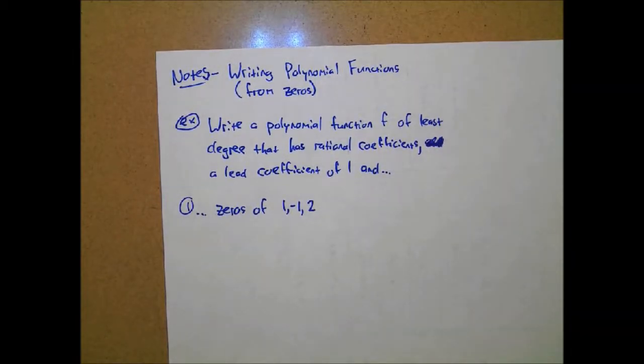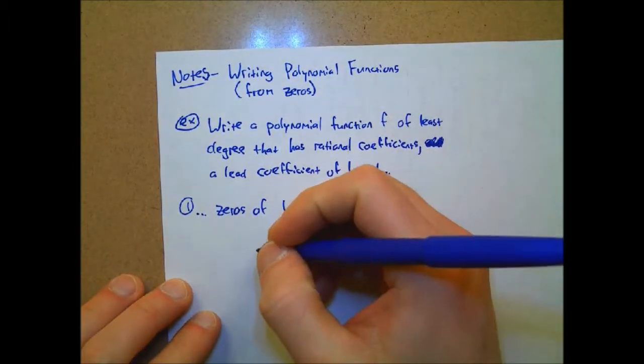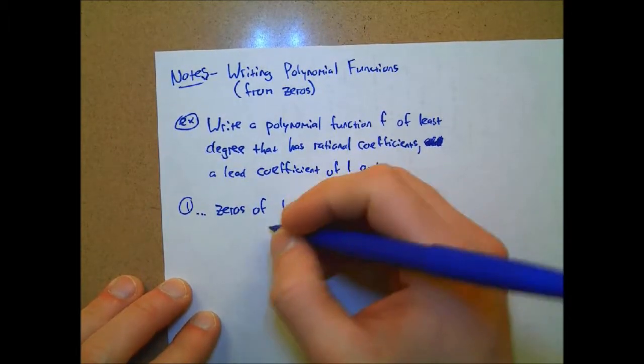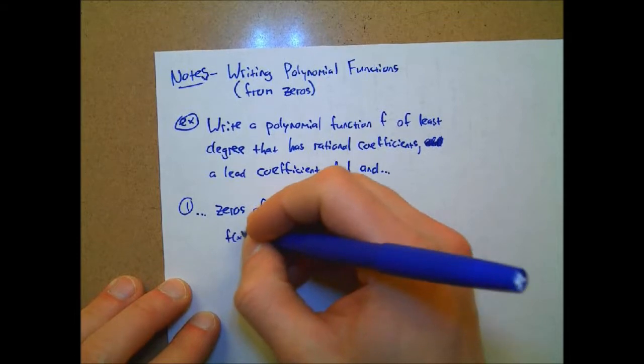So what we're going to do here is essentially work backwards from what we've been doing, right? What we've been doing is we've been given a polynomial and asked to find the zeros. Now we've got the zeros, we want to work backwards and come up with a polynomial that would result in those zeros. These numbers right here are going to make our function f of x equal to 0.